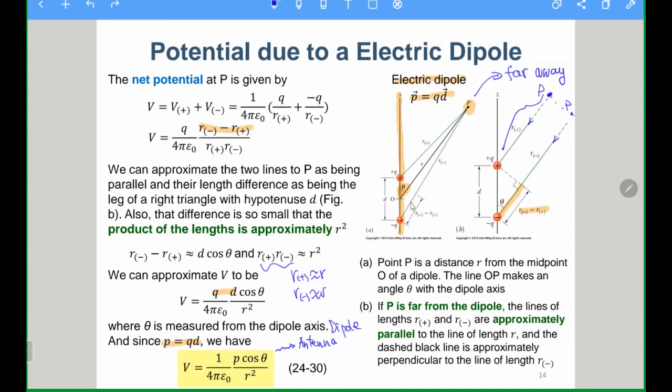So if theta is 0 degrees, then cosine of 0 degrees is 1, so it maximizes the electric potential. However, if theta is pi over 2, 90 degrees, then cosine of 90 degrees will be 0. So in that direction there will be no electric field.